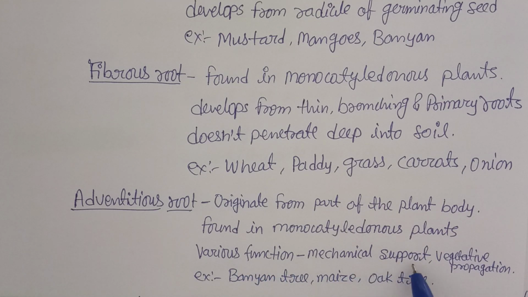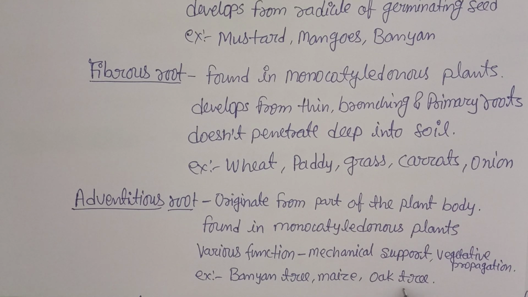For example, they give mechanical support, and they also are involved in vegetative propagation, which is one of the cultivation method techniques, right? Examples in this category are banyan tree, maize, and oak tree. So these are the roots, right?